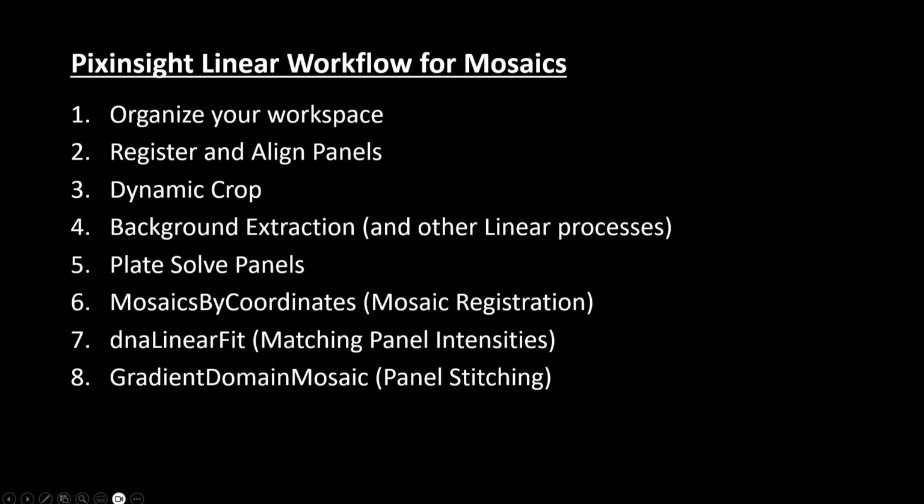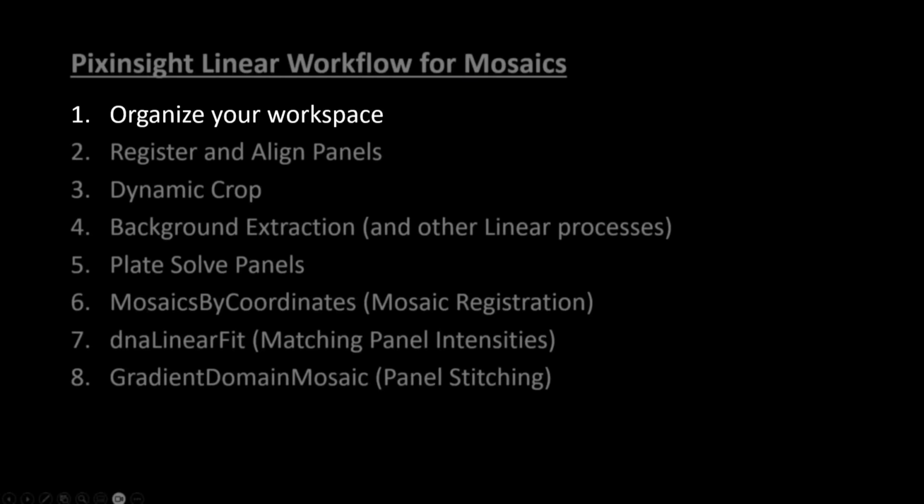Okay, there are 8 simple steps in our linear workflow for mosaics. And these steps ultimately lead to what I'm calling master mosaics for each of the channels, those being luminance, HA, sulfur, and O3. Okay, step 1, we're going to organize our workspace and our file system.